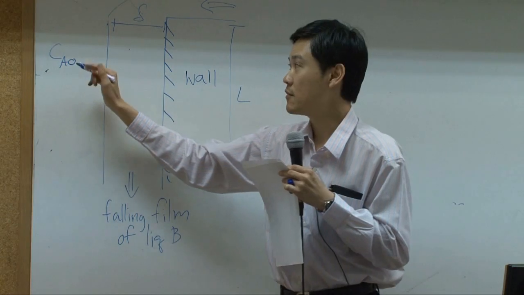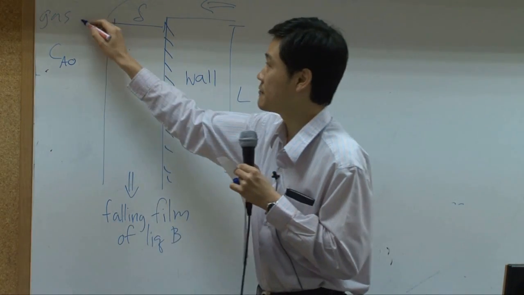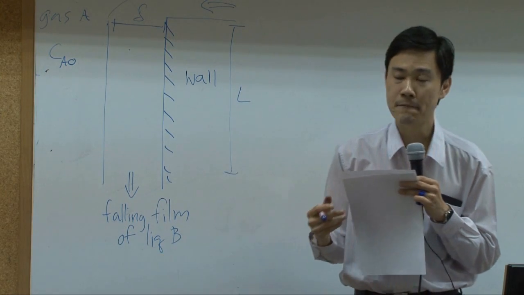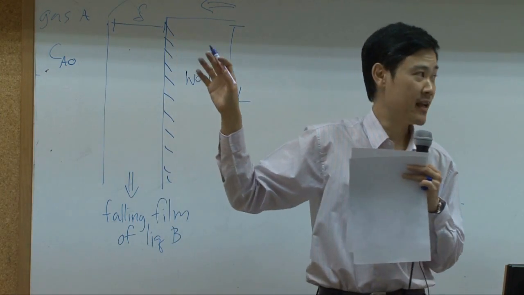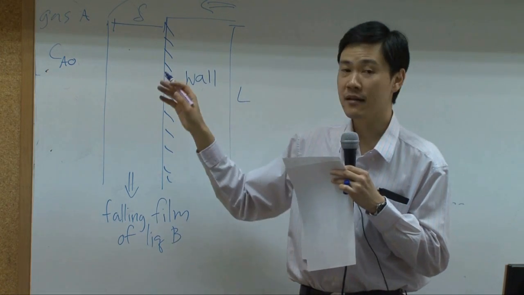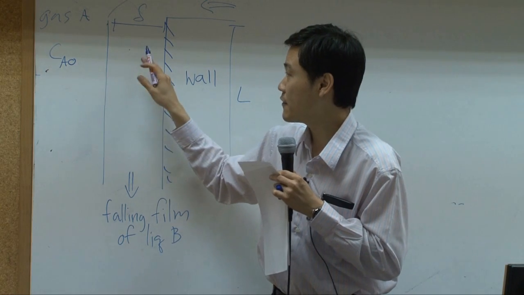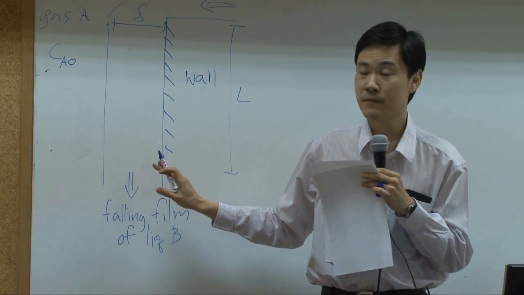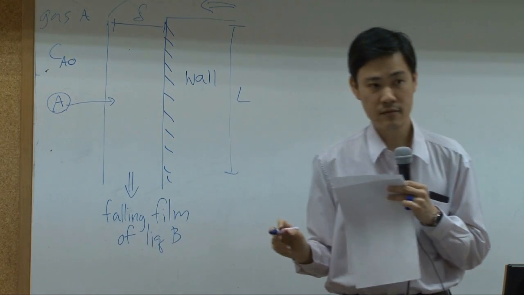Outside the wall, out here you have gas, gas A. You can have A in B or A in any species. But only A can dissolve into liquid here. So molecules of A dissolve into liquid.